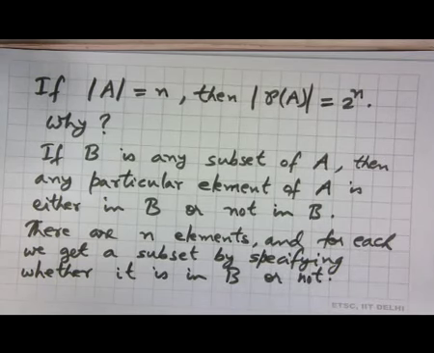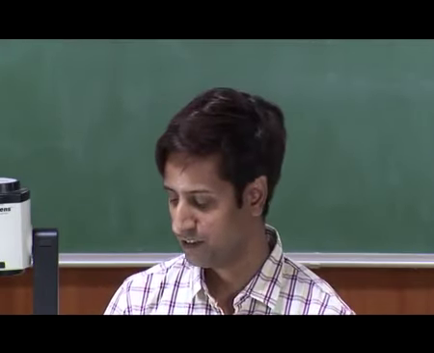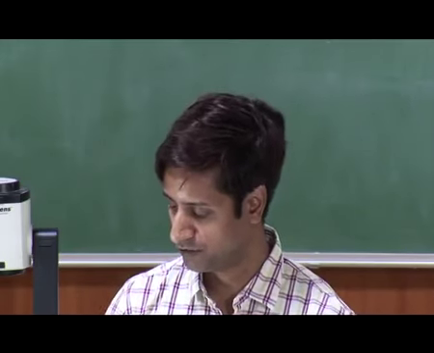So, therefore, we have two choices for each of the n elements and hence the number of such subsets will be 2 to the n.